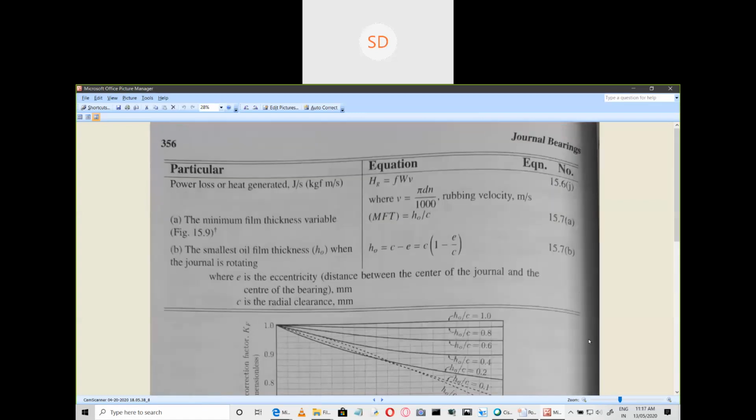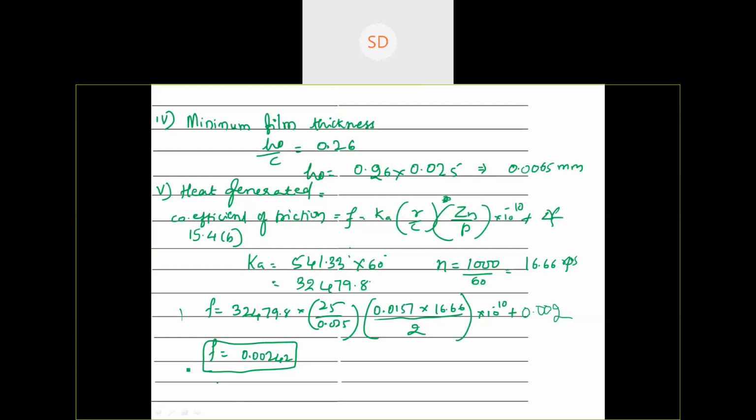Equation number 15.6J. So now we go for heat generated. Equation number 15.6J, it's G equal to W F W into V.